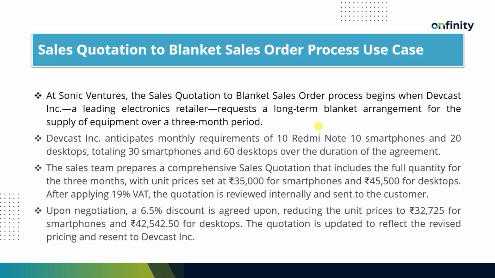Upon negotiation, a 6.5% discount is agreed upon, reducing the unit prices to 32,725 rupees for smartphones and 42,542.50 rupees for desktops. The quotation is updated to reflect the revised pricing and resent to Devcast Incorporation.